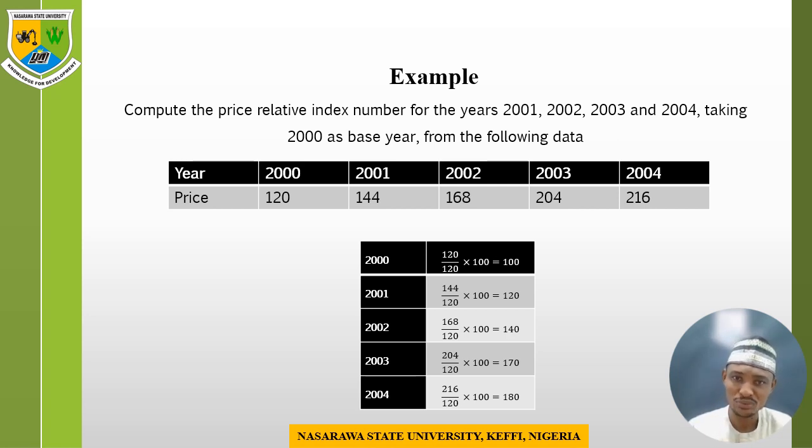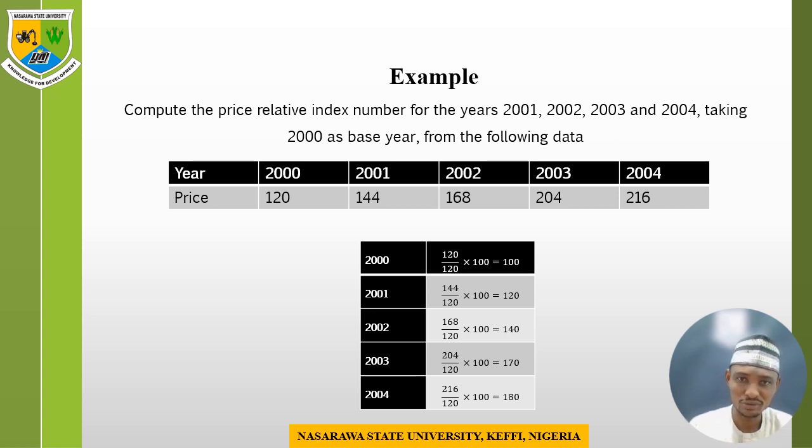As you can see, for 2000, we want to take 2000 as the base year. In such cases, in all of the years, it will be divided by the price of 2000, which is 120. So if you take the first year 2000, we have P1 all over P naught times 100, which is 120 over 120 multiplied by 100, which is 100.